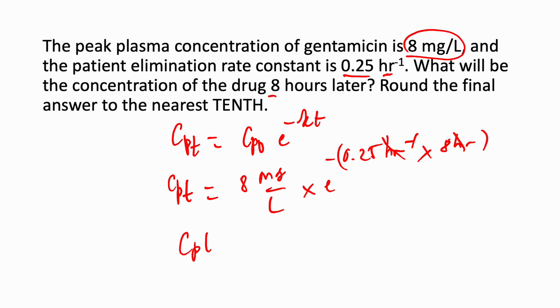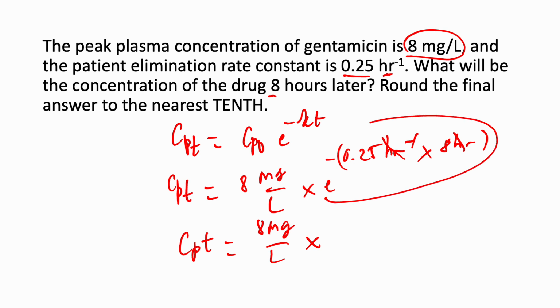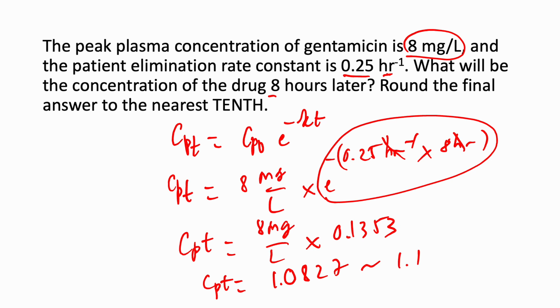Then you have CPT is equal to 8 milligram per liter times, then you calculate the exponential here. It will be equal to 0.1353, so CPT will be equal to 1.0827, and rounded to the nearest 10th, you have 1.1 milligram per liter.